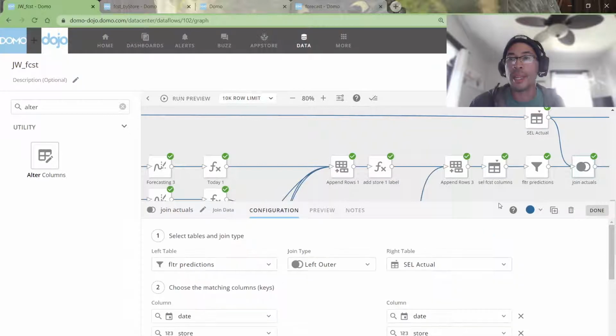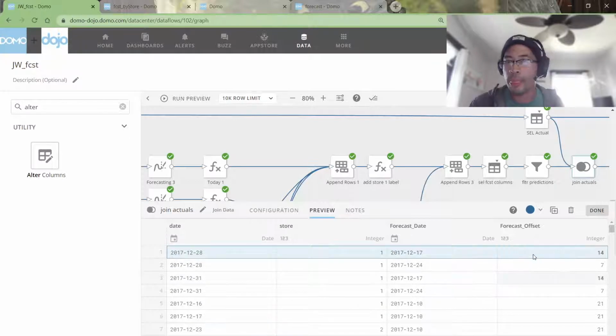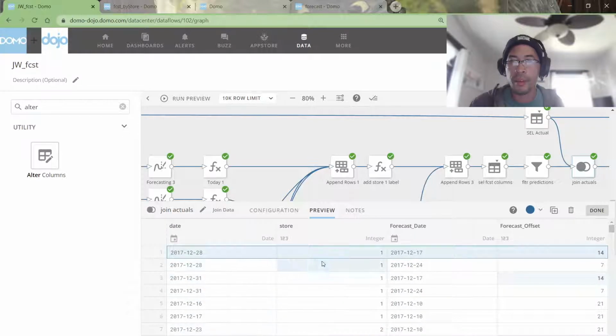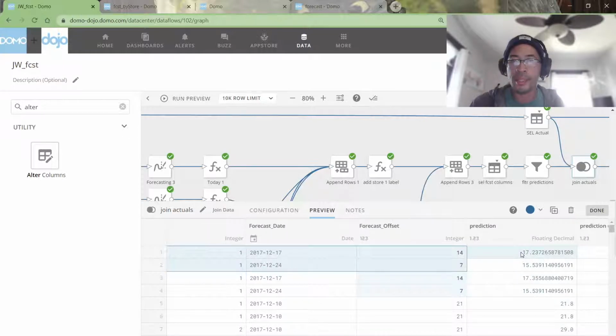So what I do is I join in my actuals like we've discussed before. So now I can see, on the 17th, for store 1, I predicted that on the 28th, I would have 17 units.